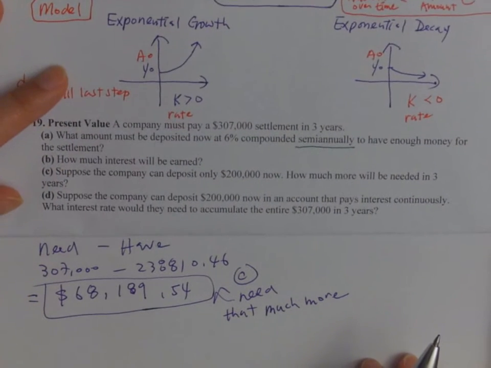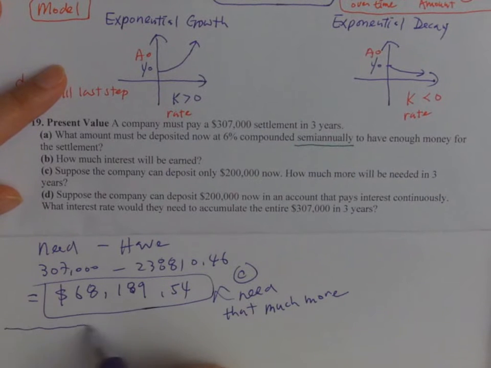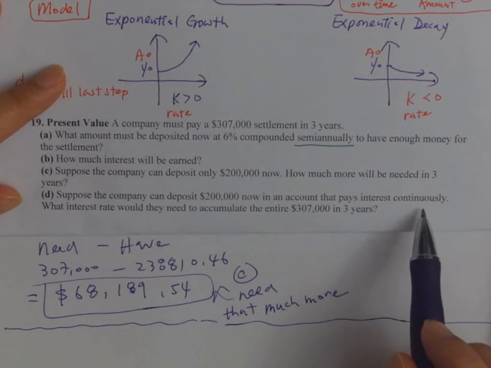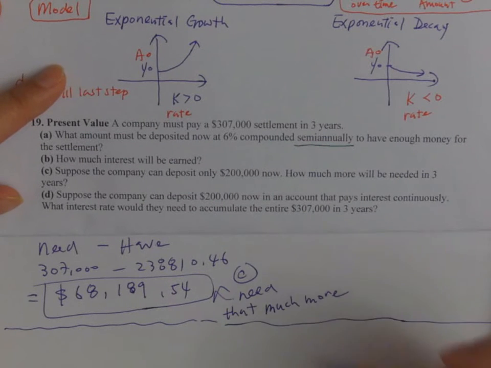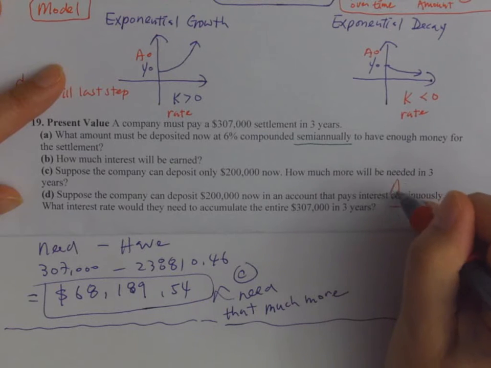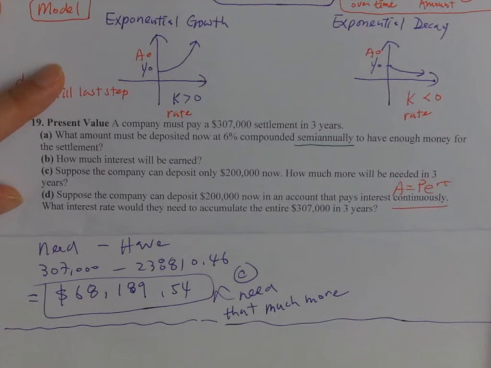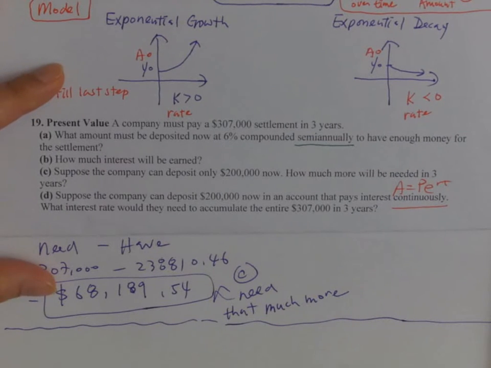The D part says, suppose the company can deposit $200,000 now in an account that pays interest continuously. So continuously, we use a different formula, right? We use the PERT formula, A equals Pe^(rt). What interest rate would they need to accumulate the entire $307,000 in 3 years?